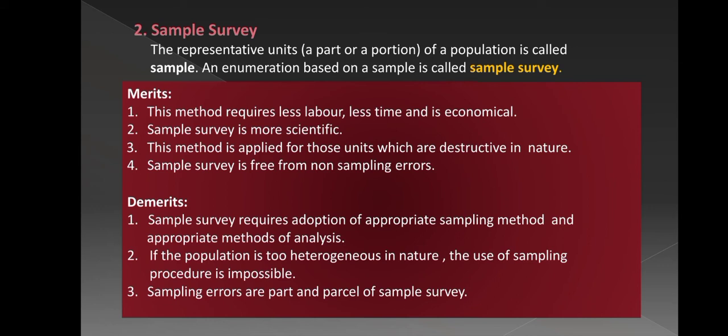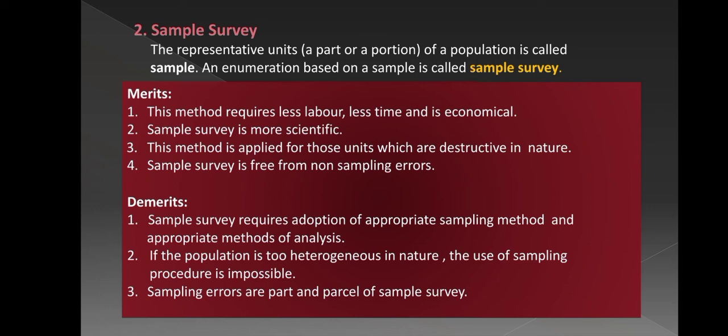Then the second one is that sample survey is more scientific. Why is it more scientific? Because if we want to collect the information of the whole population, it is very difficult. It is almost impossible to collect all the information of the population, right? So if we take only a few units from the population, that is the sample, then we can collect the information of the sample.